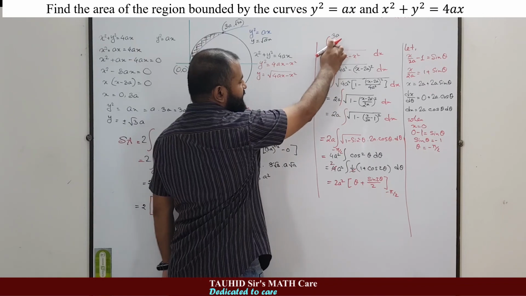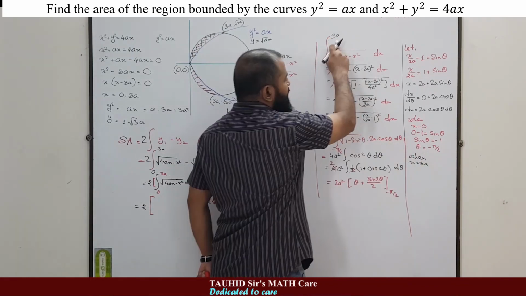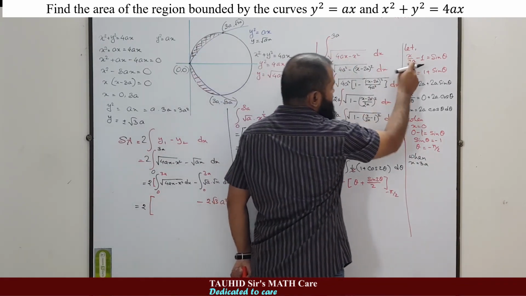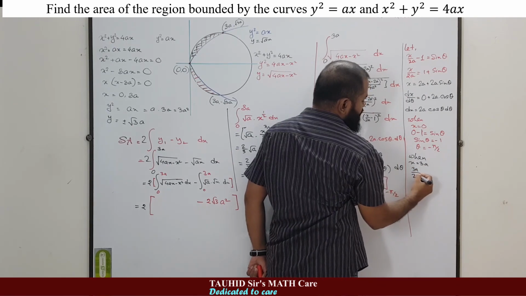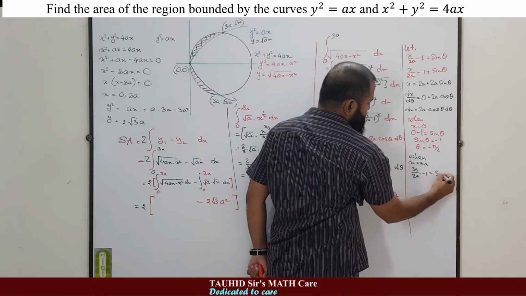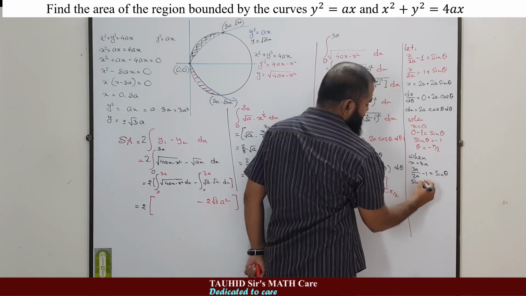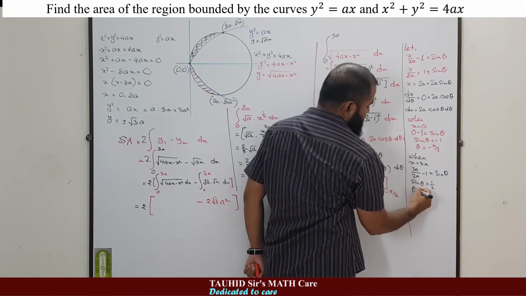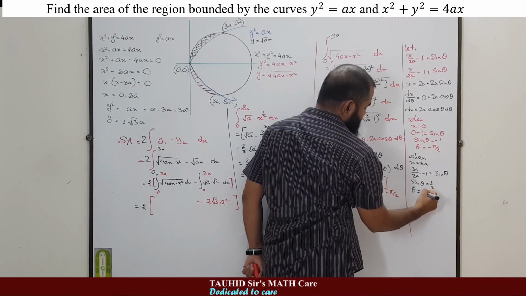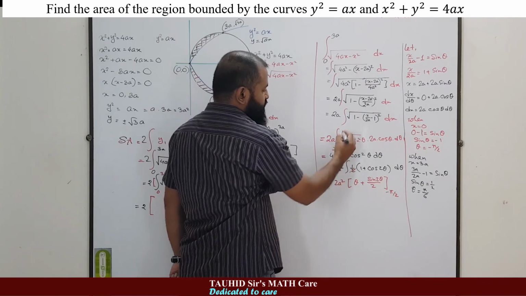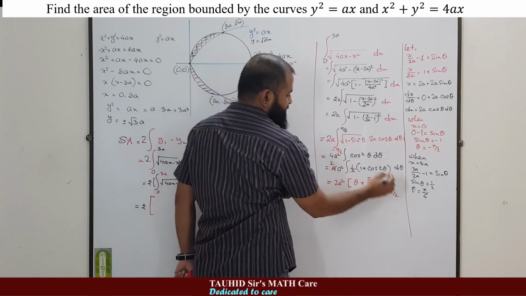And for x equal to 3a, 3a by 2a minus 1 equal to sine theta, that means sine theta equal to half, theta equal to 30 degree, that means pi by 6. So the upper limit will be pi by 6.